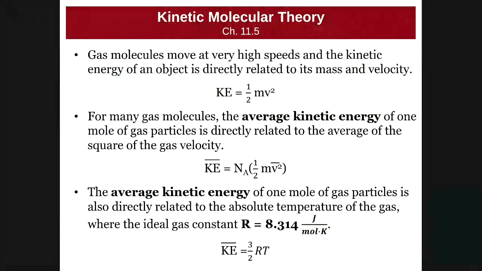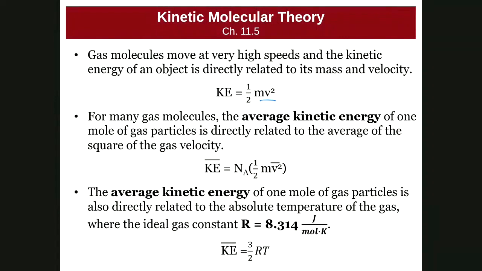So let's get into the weeds a little bit here with kinetic energy. Gas molecules move at very high speeds, and the kinetic energy of an object is directly related to its mass and velocity, as we learned. So kinetic energy is equal to 1/2 mass times velocity squared.